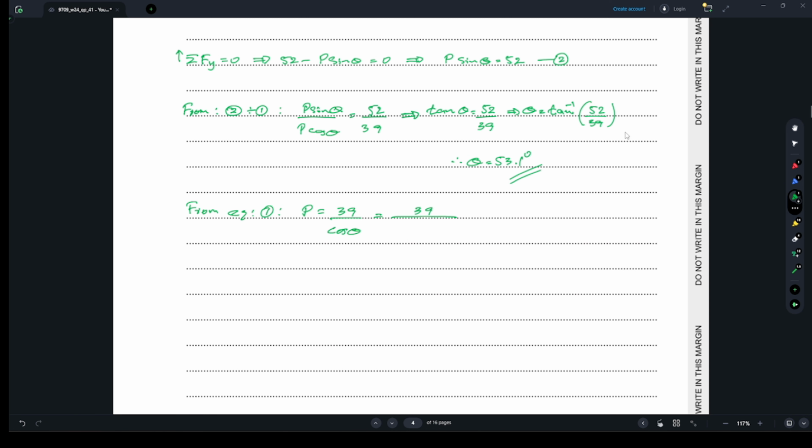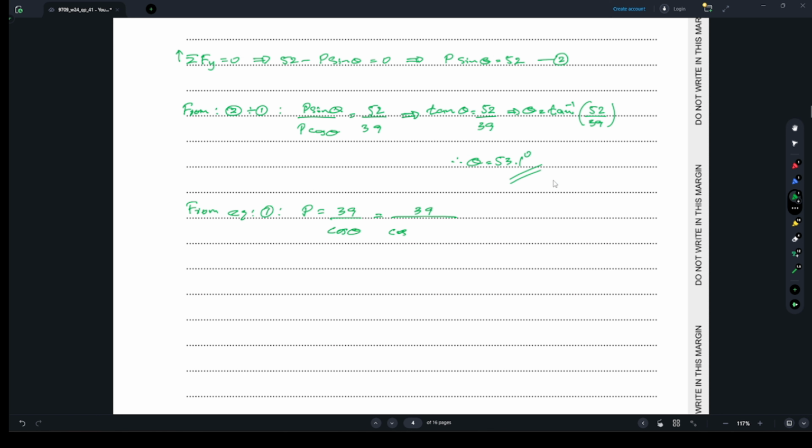But I would recommend using the exact theta value, because this is our final answer. If you receive a value for theta like 60, 70, or directly 53.1 or something, then yes, you can use it.